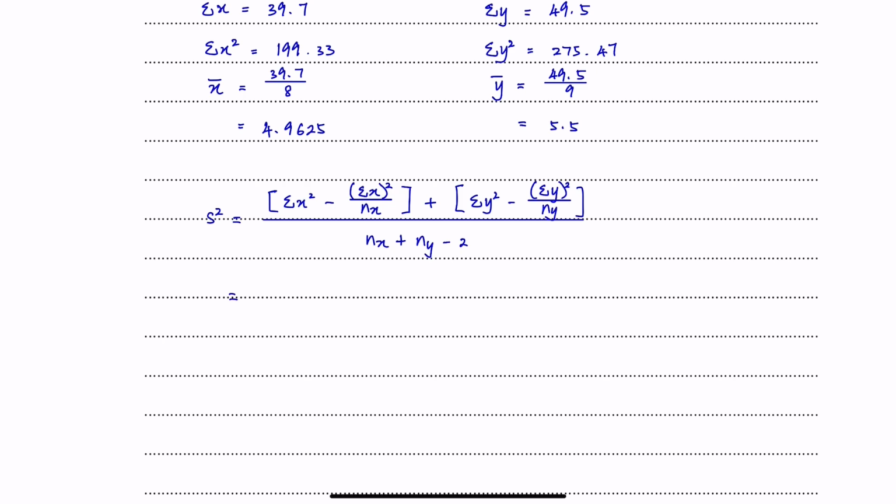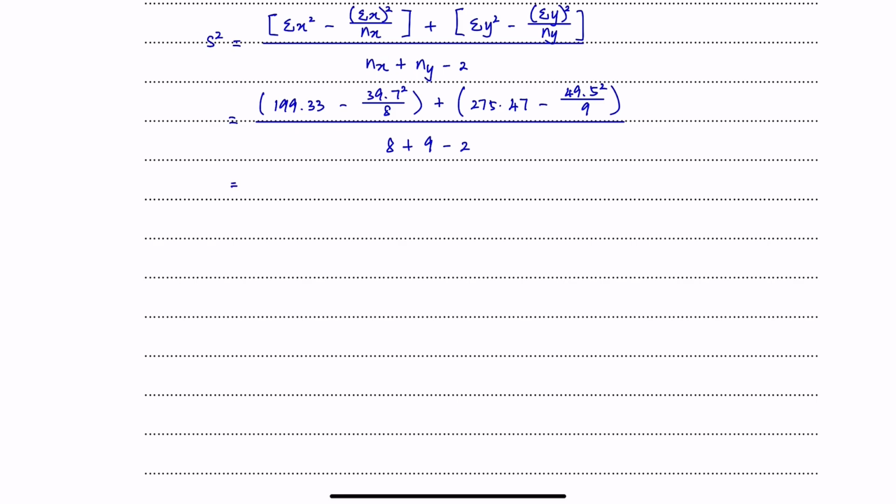So this would be 199.33 minus 39.7 squared over 8 plus 275.47 minus 49.5 squared over 9, divided by 8 plus 9 minus 2.